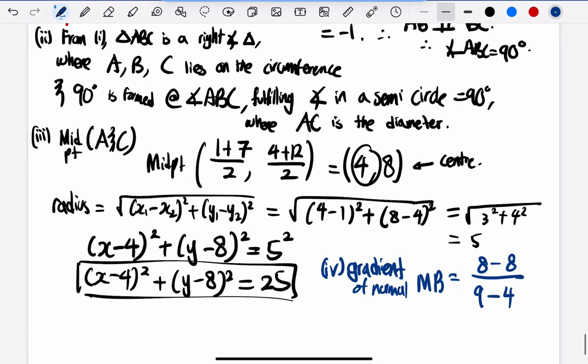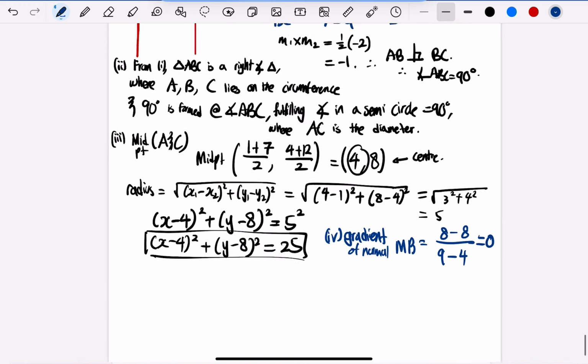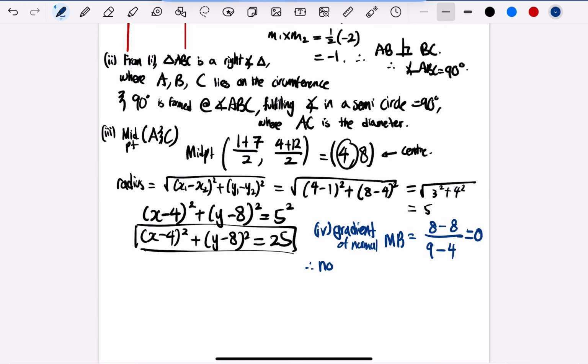Simplify this, you basically get this to be 0. And therefore the normal and the tangent, using your m1 times m2 equals -1, you'll get the gradient of your tangent to be undefined.